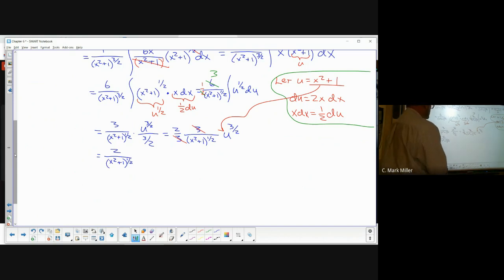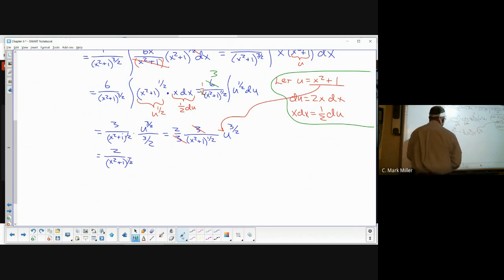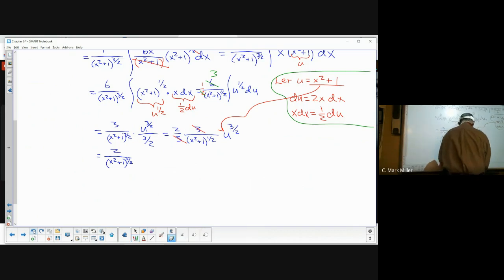Oh, you know what? Typo. That's to the 3/2. This right here is a 3, from this up here. And I have another one over here I missed. I just copied that wrong.